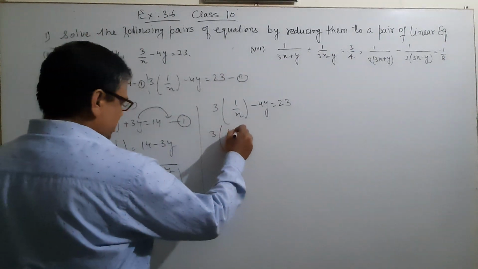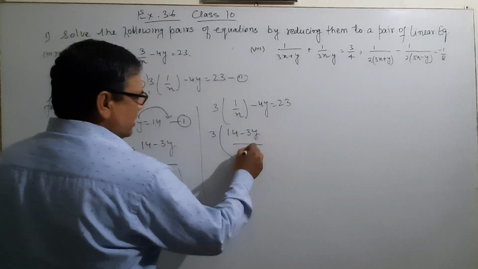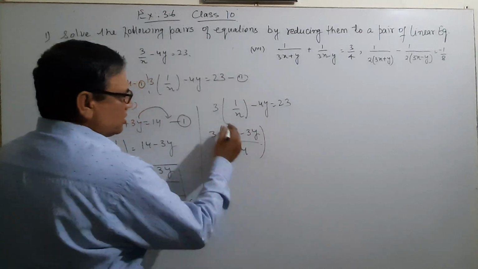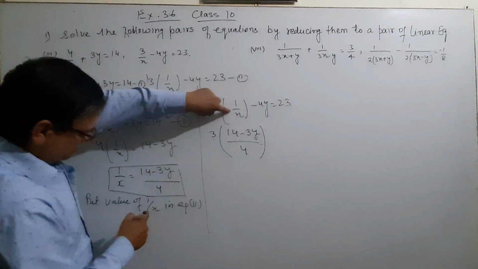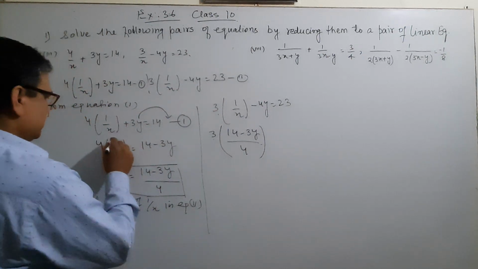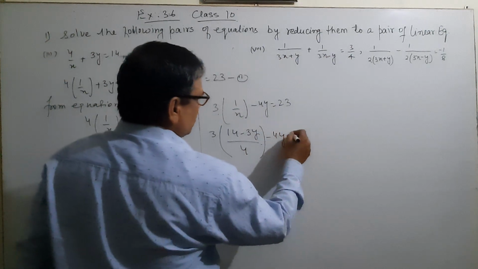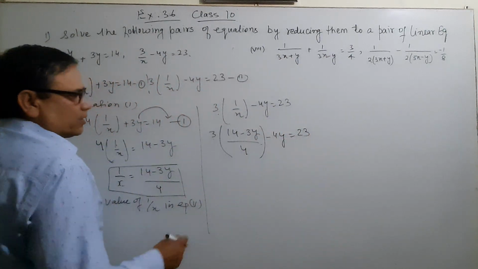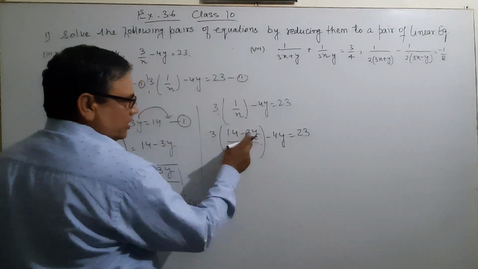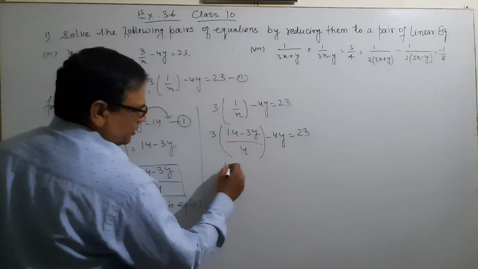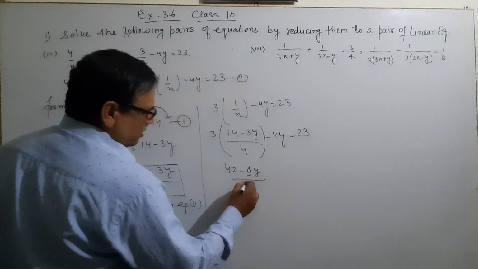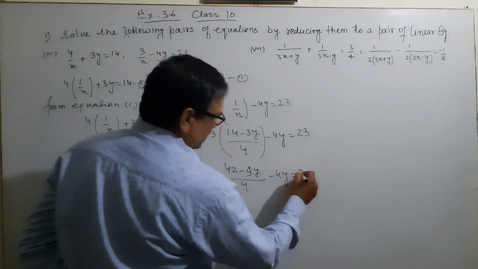What is the value of 1 by x? 14 minus 3y upon 4. 3 is the same, 1 by x is equal to this one: 14 minus 3y upon 4, minus 4y is equal to 23. And now 3 open bracket, 3 multiply 14, 3 multiply 3, 42 minus 9y upon 4 minus 4y is equal to 23.